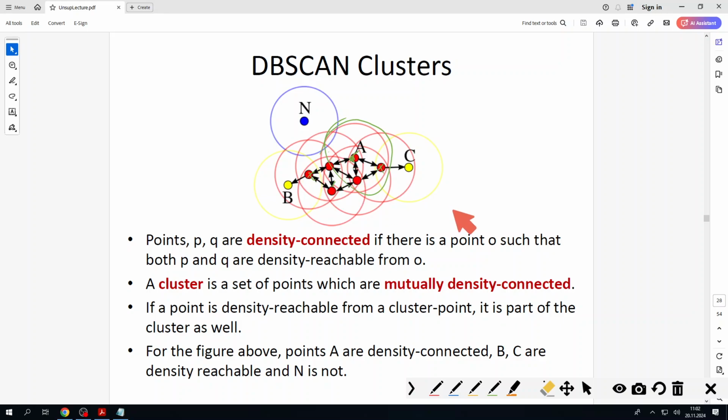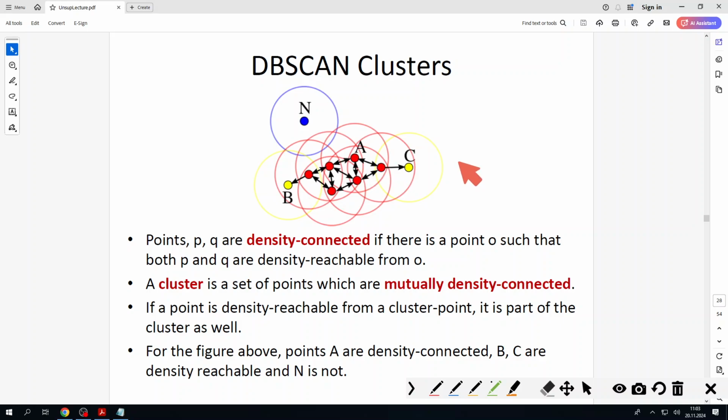But these 2 points, this one and this one, are density connected, whereas these ones were density reachable. So they are not directly reachable to each other, but they reach each other through another point. And therefore, we can say that the cluster is the combination of the mutually density connected points.